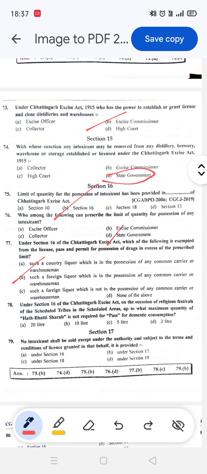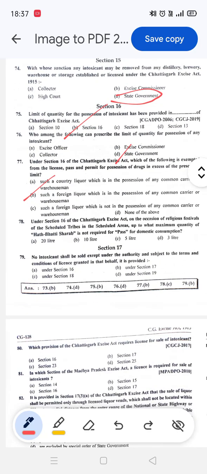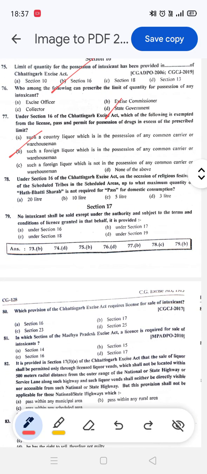So option B is correct: foreign liquor which is in the possession of any common carrier or warehouseman.